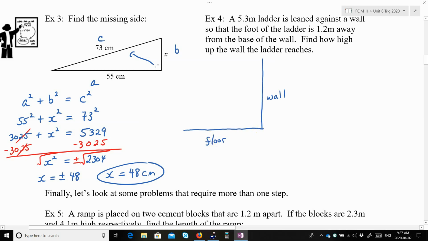And here's the floor. And there's the ladder. And it says it's a 5.3 meter ladder, so I'm going to write this in as 5.3 meters.